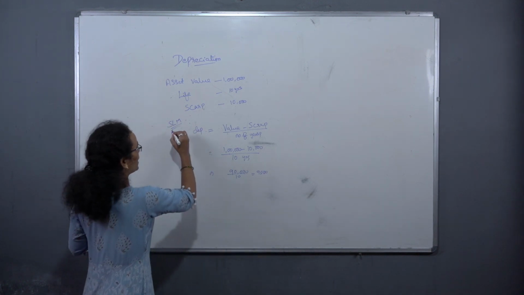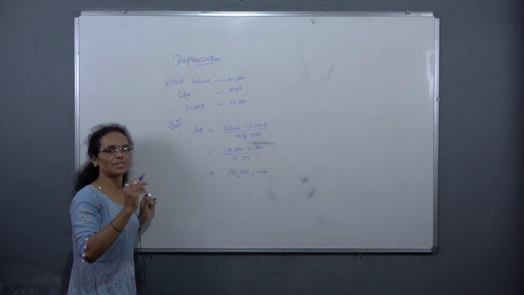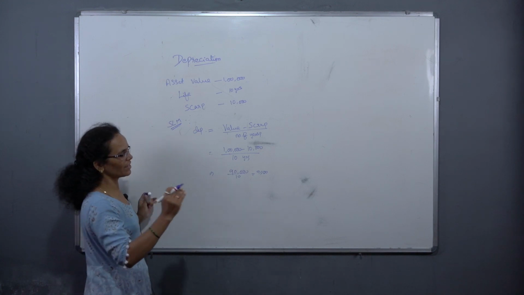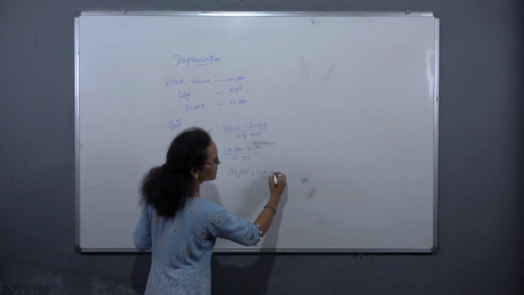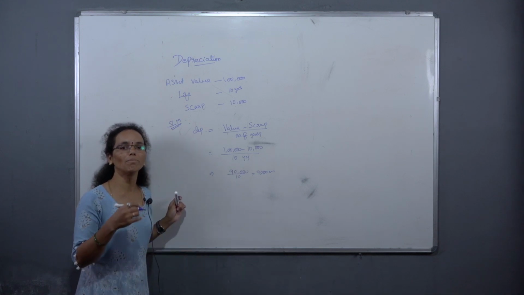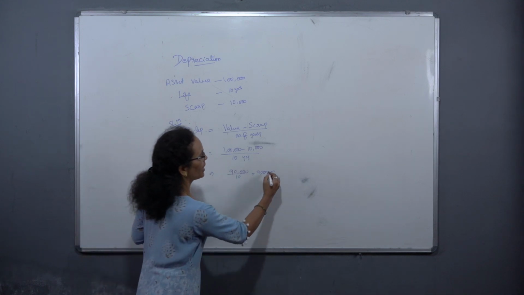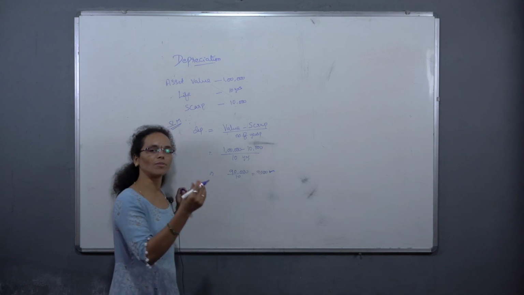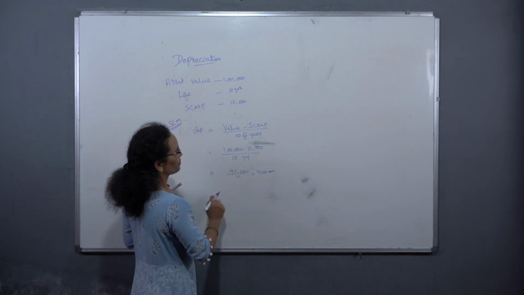This is SLM, straight line method. Every year we will be debiting this 9,000 rupees to the P&L, and this amount will be reduced from the balance sheet asset.